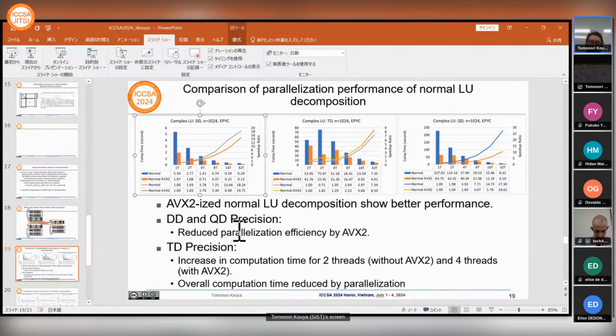Simulation slightly reduces parallelization efficiency. Especially in triple-double precision, some different change of performance can be seen like this, but overall computation time is reduced by parallelization in the three types of floating point arithmetic.